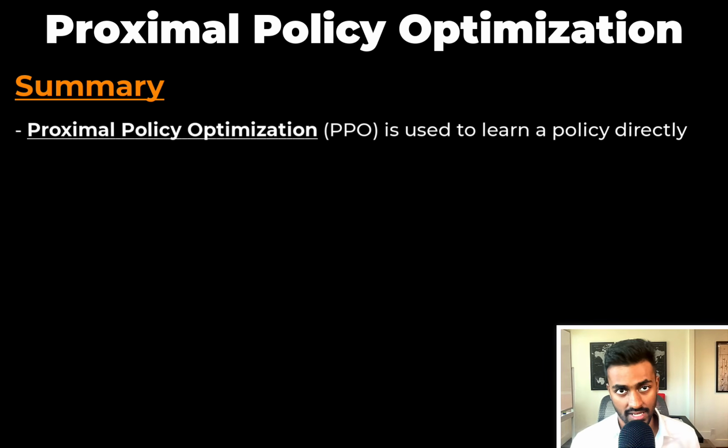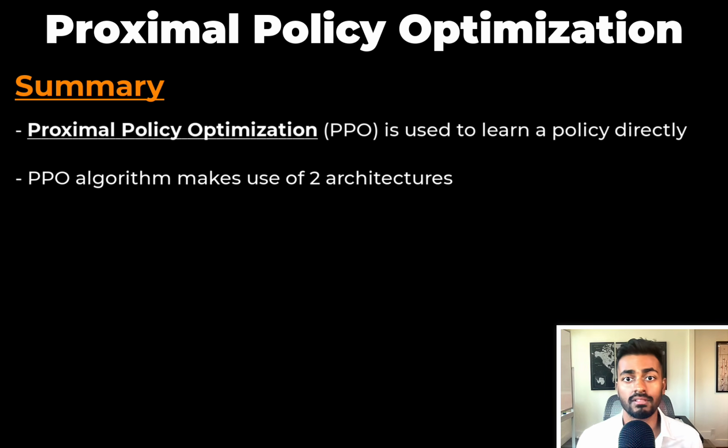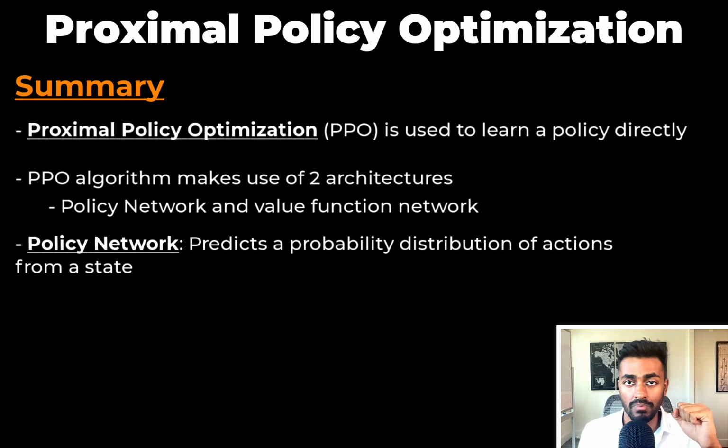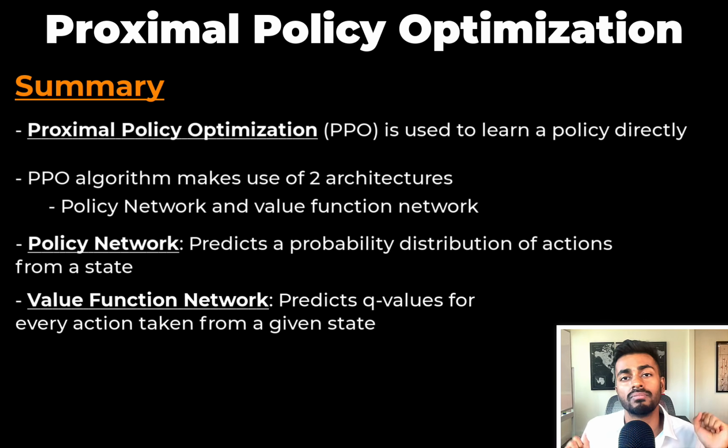Proximal policy optimization algorithm is used to learn a policy directly. Now, the PPO algorithm makes use of two architectures, a policy network and a value function network. The policy network predicts a probability distribution of actions, whereas the value function network predicts Q values for every action taken from a state.